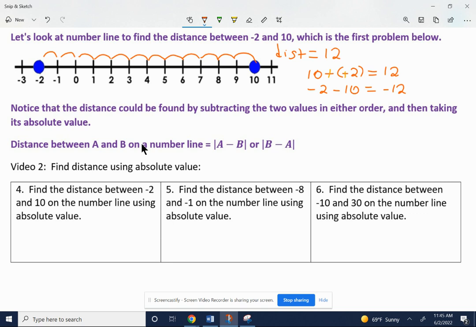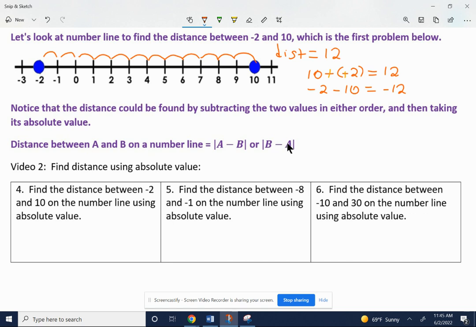The distance between 2 points on a number line A and B, you could find it by taking the absolute value of A minus B, or you could find the absolute value of B minus A. It doesn't matter the order that you subtract, as long as you know you need to take the absolute value at the end.